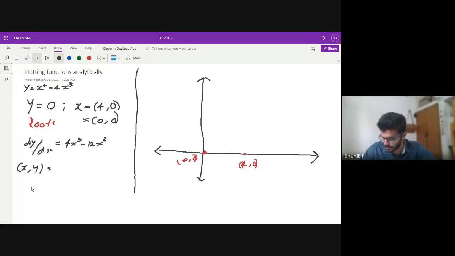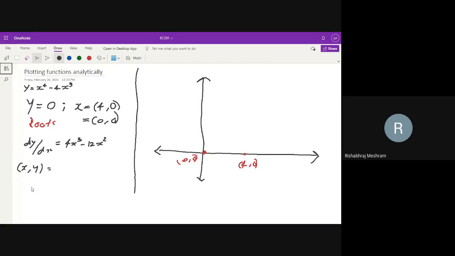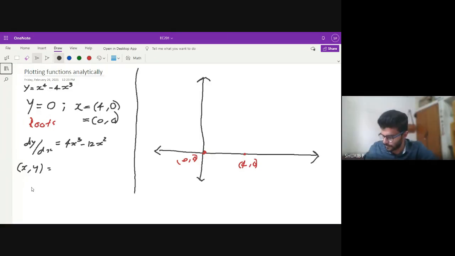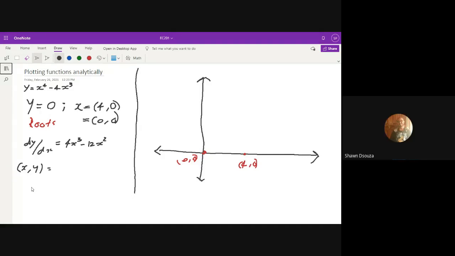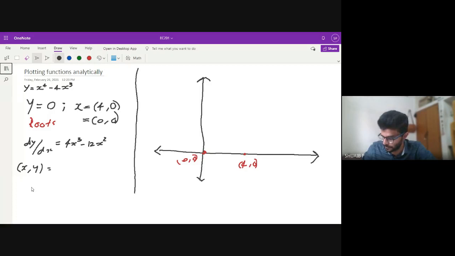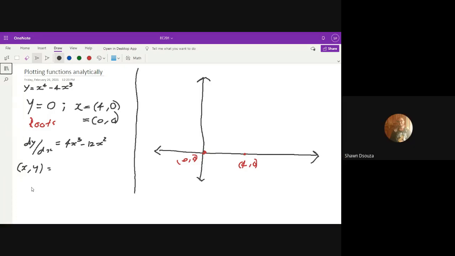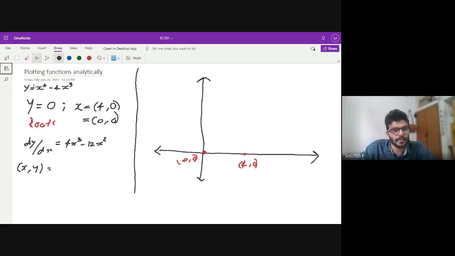Yeah, did you solve for the extrema? No, not yet. Shoaib, you take a second derivative of this equation, and then how do you solve for the extrema? So for getting the extrema, we got the first derivative.